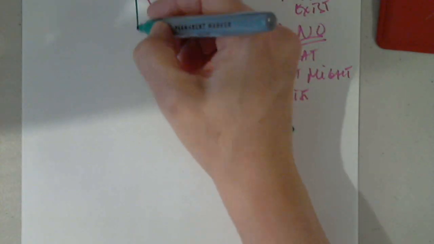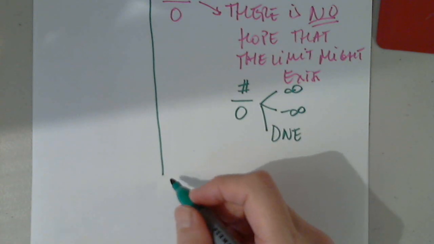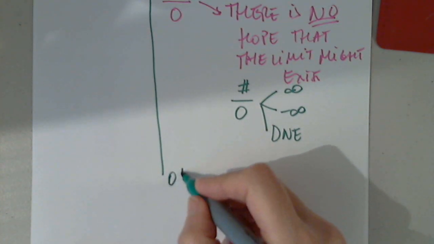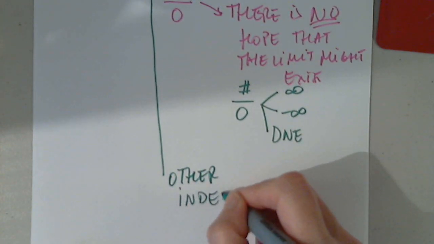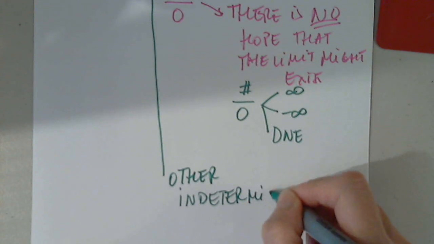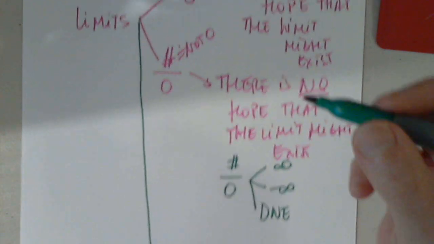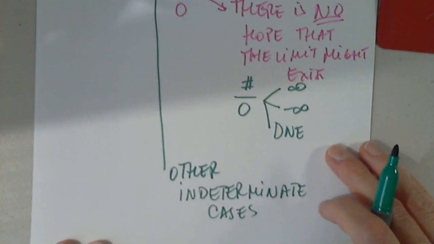Are there other options? Yes. And they are for later use. Okay? Others are called indeterminate cases. This one is an indeterminate case. This is one of them.